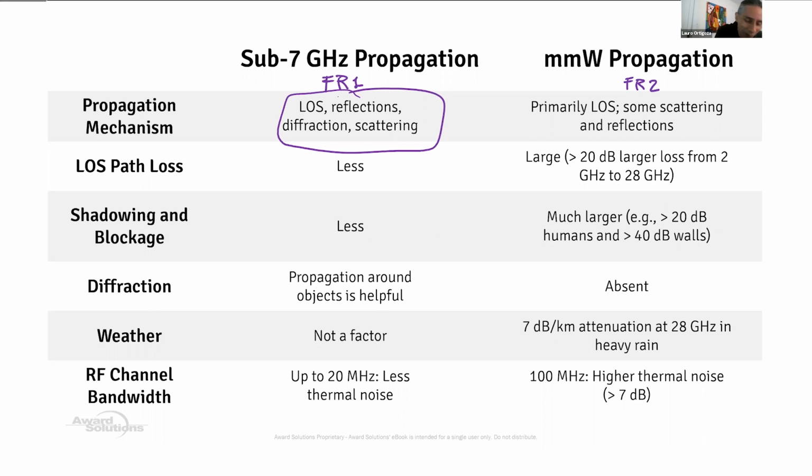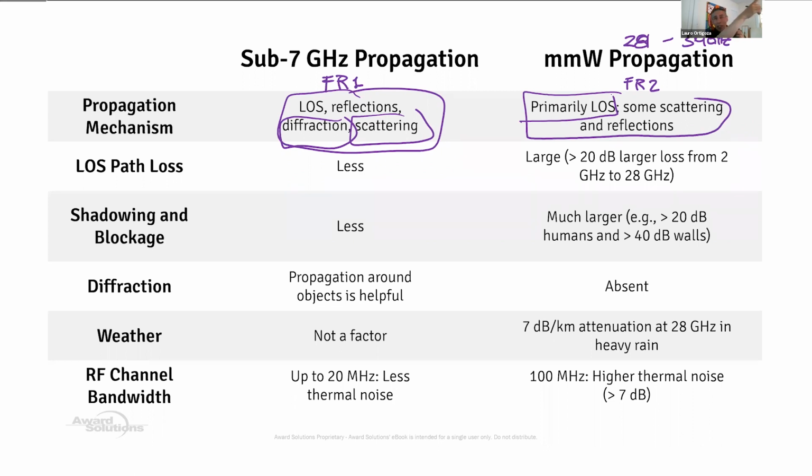There is shadowing in frequency range 1. If a truck passes by, sometimes I see that, oh, I got one bar rather than 5. But in the case of frequency range 2, they're actually really bad. If you go and put your body in between you and the gNB, you will experience large losses, right? 20 dBs for humans and 40 dBs for walls. So indoor coverage is going to be very difficult, particularly in frequency range 2.